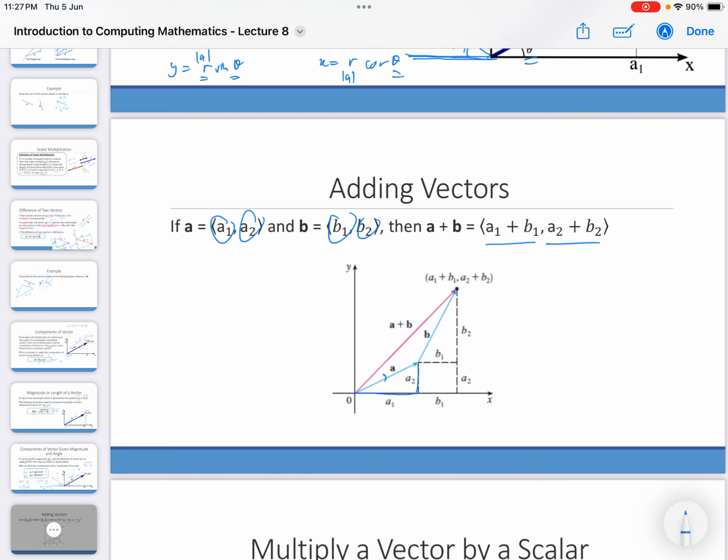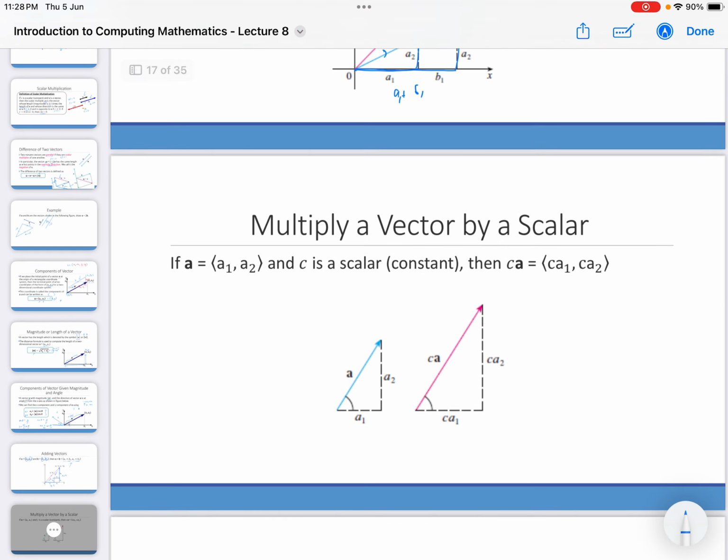Then we have vector B, where the x displacement is B1 and the y displacement is B2. If we add these two vectors, we get this vector, where the horizontal component is A1 plus B1, and the vertical component, or second component, is A2 plus B2. So basically, we just add the components component by component.